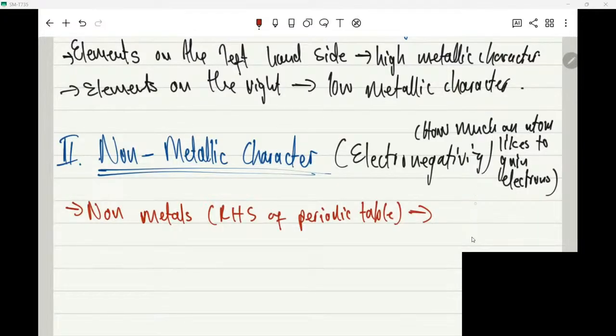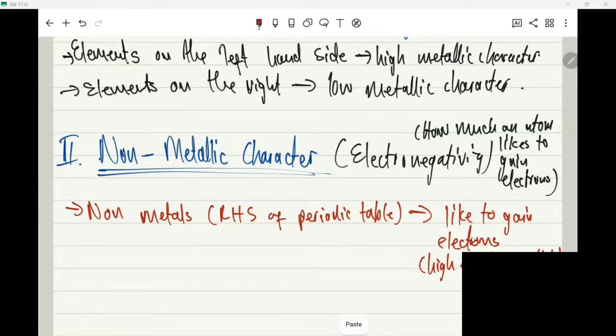They like to gain electrons. In other words, they have a high electronegativity. It means how greedy are you for electrons? That's what this word means. So they have a high non-metallic character, how much an atom wants to gain electrons.